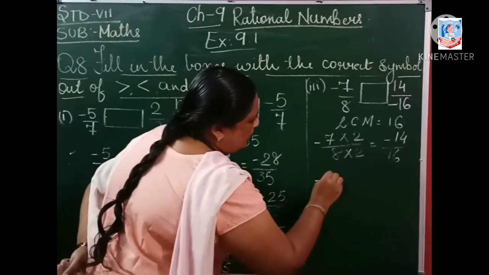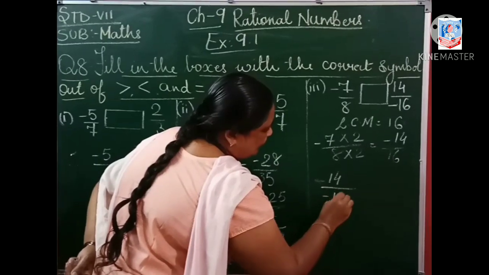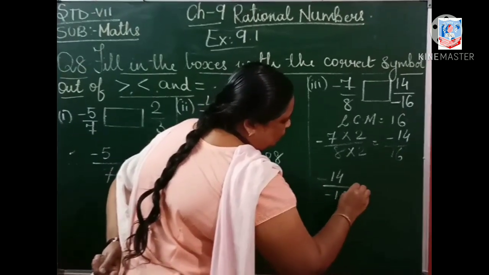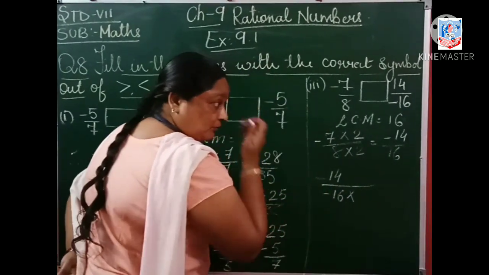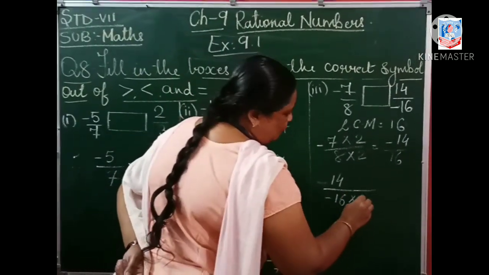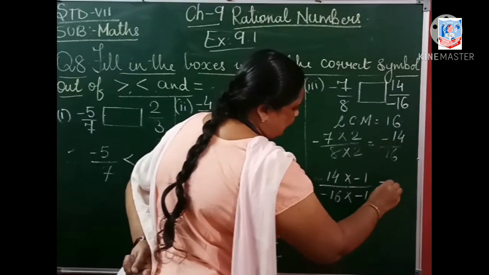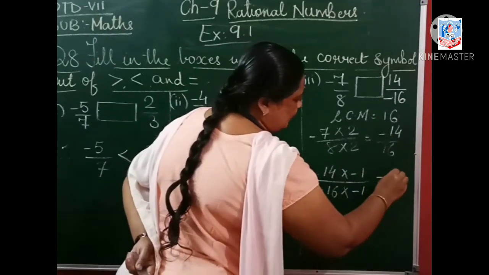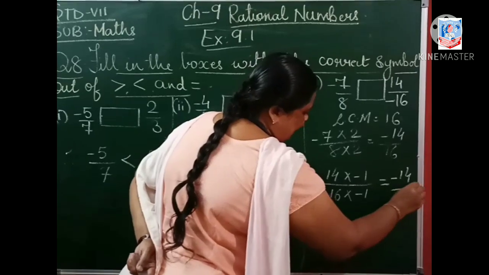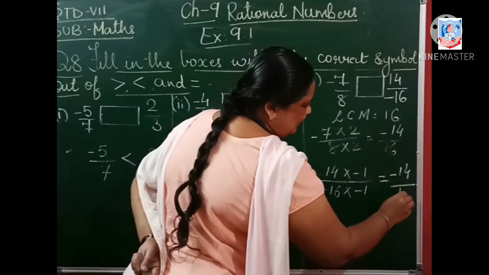Next, minus 14 by minus 16. Now what will we do to make it positive? Minus 1 into minus 1. So 14 into minus 1 is minus 14, and minus 16 into minus 1 is plus 16.